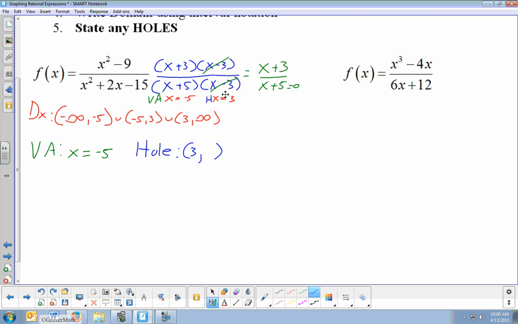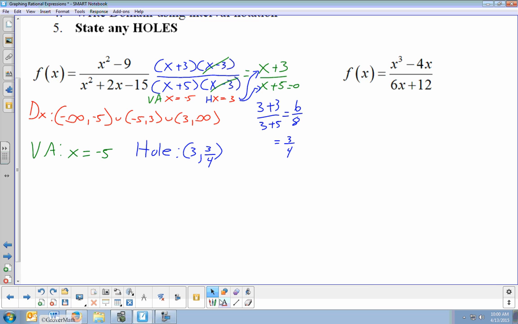So what you have is your hole, x equals 3, that needs to get plugged in to the x values of the terms that did not get crossed out. And that would be 3 plus 3 over 3 plus 5 equals 6 over 8. Simplifies, divide everything by 2, 3/4. And that is the y value of the hole.